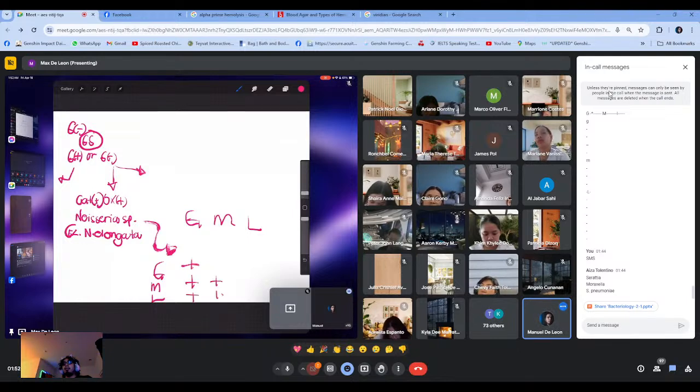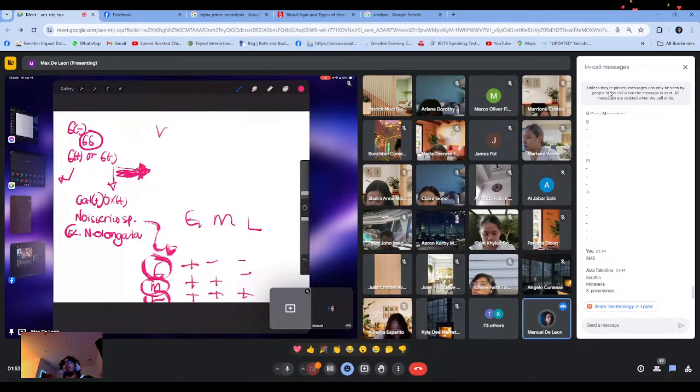Gonorrhea, meningitidis, lactamica. Diba? So, ano na nandito sa gilid? Na dalawa. Anong dapat nating tandaan? Veillonella.